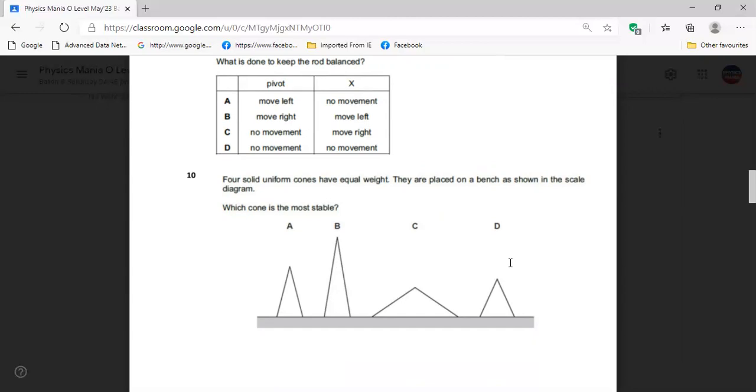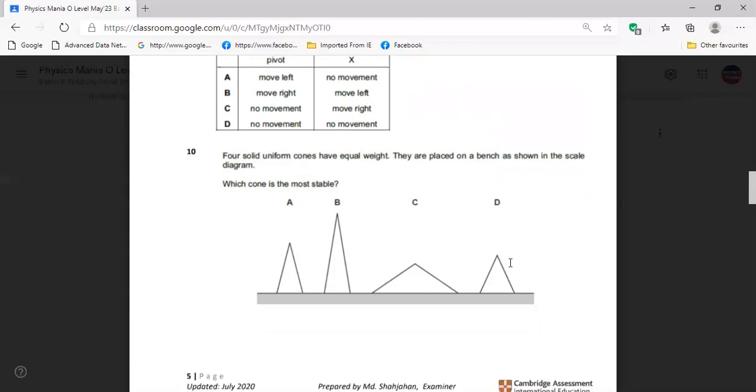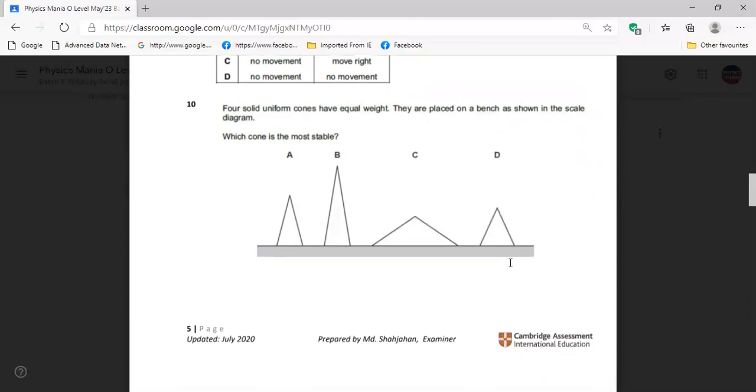Four solid uniform cones have equal weight and are placed on a bench as shown in the scale diagram. Which cone is the most stable? C. Correct. This one is easy, right?